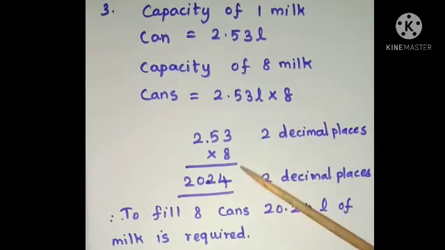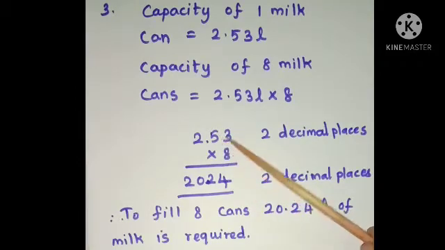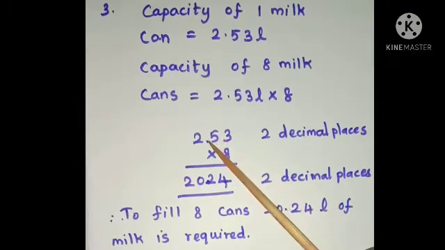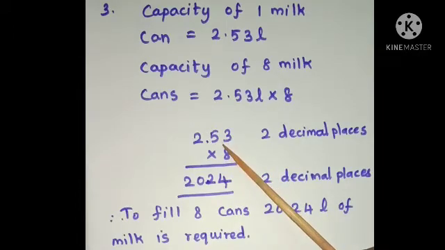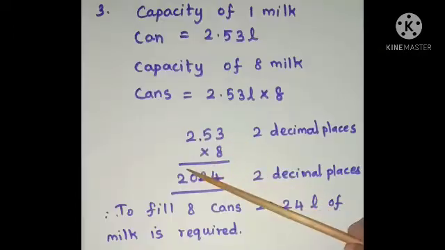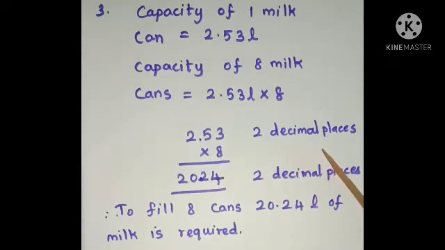Children, we know how to multiply a decimal number with a whole number. So children, here in the first decimal number, in 2.53 there are 2 decimal places, and in 8 there are no decimal places.